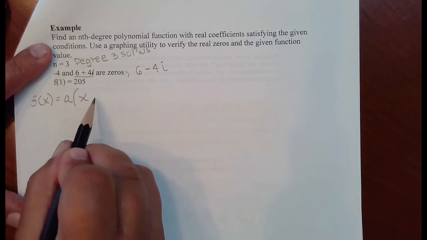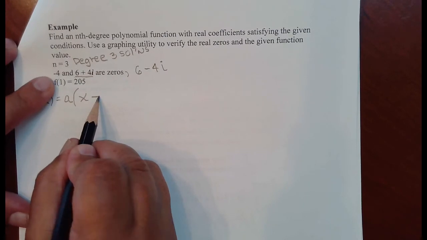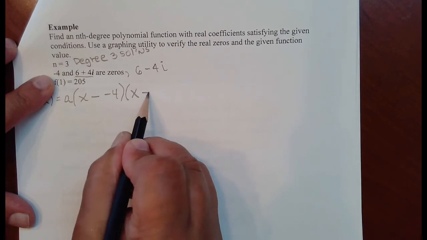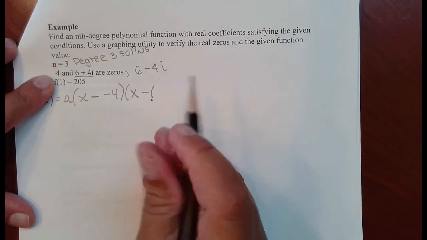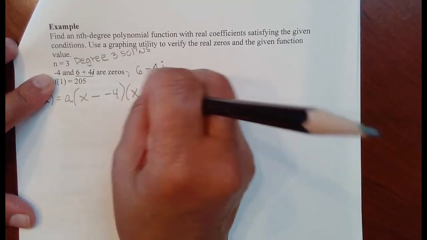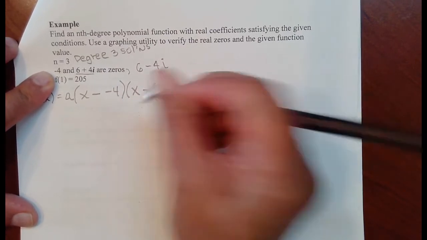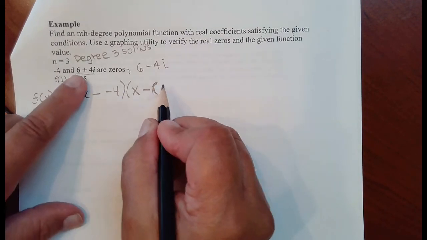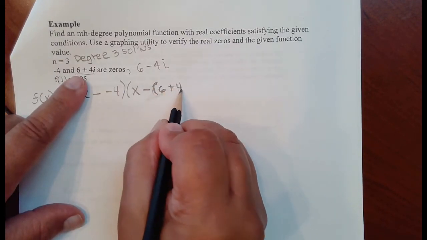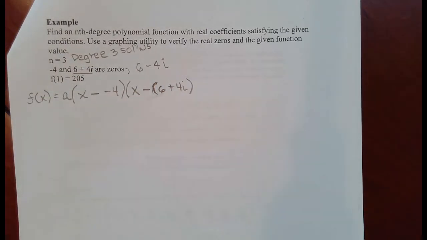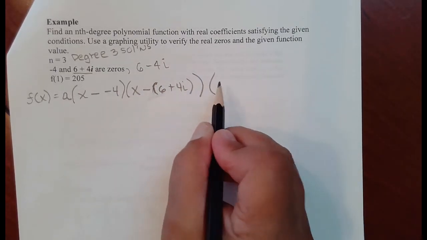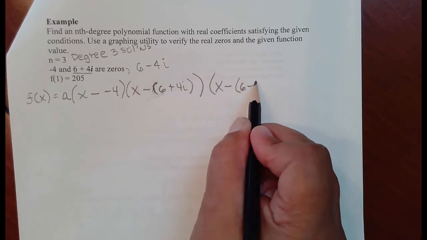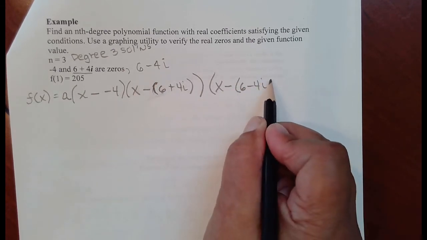So it's x minus the first 0, which was negative 4, and then x minus the next 0, which was 6 plus 4i. And then another 0 was 6 minus 4i, so x minus 6 minus 4i.